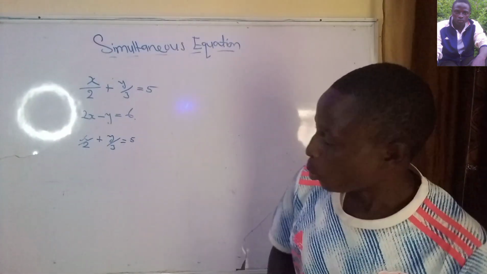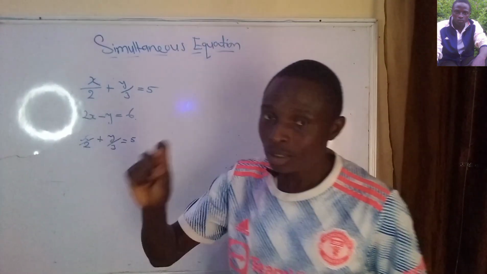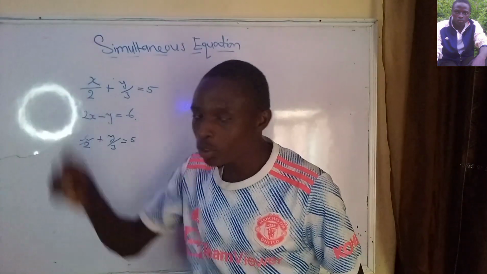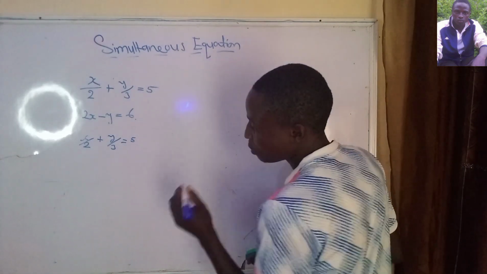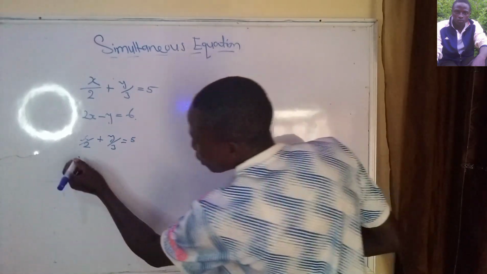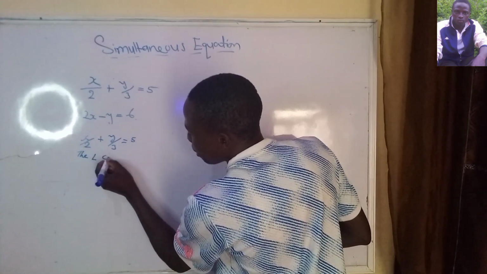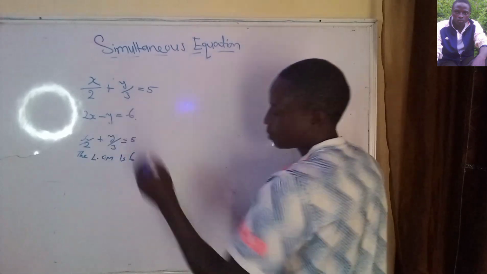That is, the lowest common multiple of 2 and 3 is 6. 2 will go into 6 3 times, and 3 will go into 6 2 times. So now, since the LCM is 6, you may decide to write down that the LCM is 6.